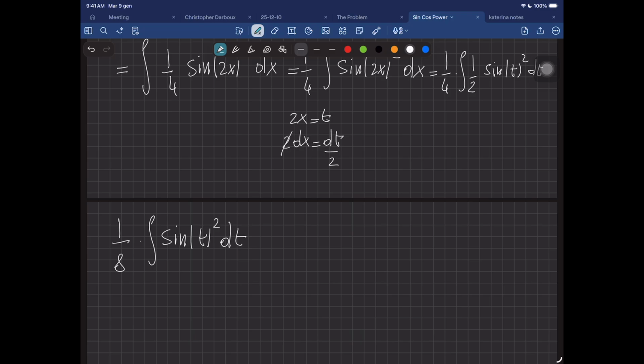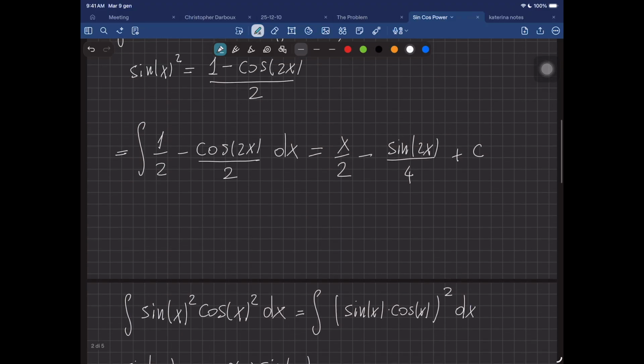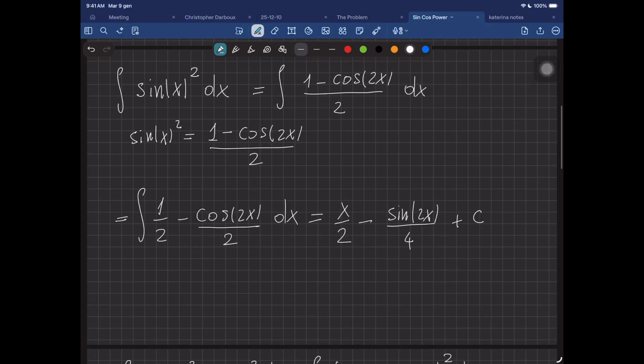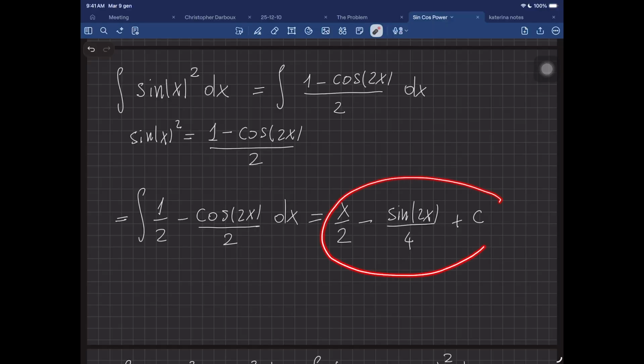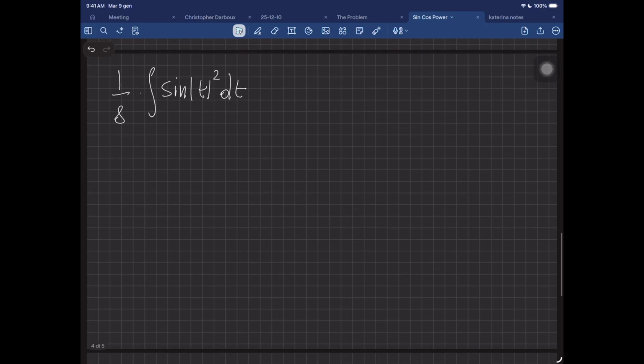Wait a minute. This integral looks familiar. We just did that. So if you go back, I'm going to slide a little bit up. We computed that the integral of the sine of x squared is just equal to x over 2 minus the sine of 2x over 4 plus a constant. Well, let's just copy this, because that's what we're actually going to need.